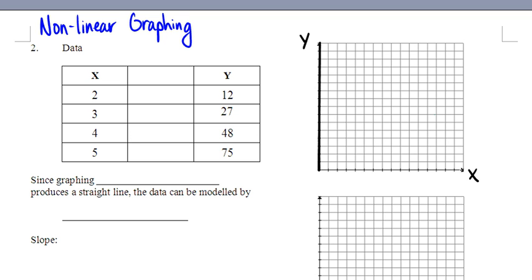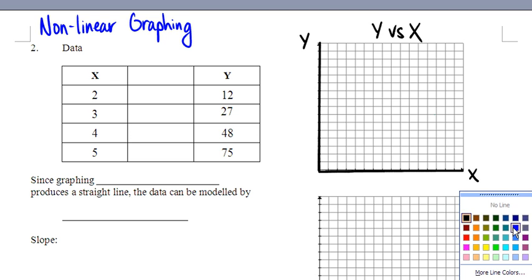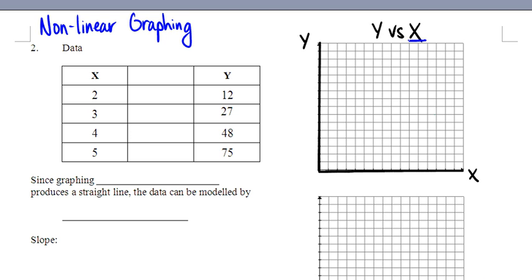So we'll darken up those axes for ourselves. Title is y versus x, which means in this case it actually is y versus x. No units to worry about when we're labeling the axes, which is kind of nice.